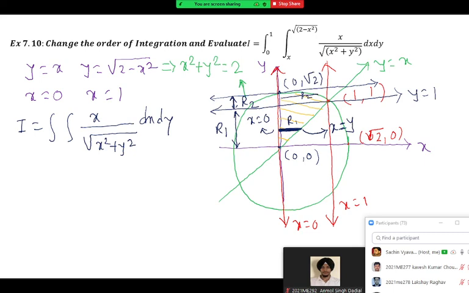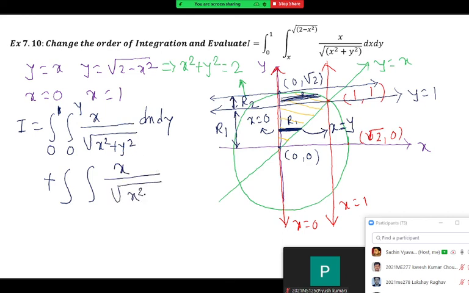So we have to take a strip there also. You will observe the limit of x goes from x equal to 0 to x equal to y, and the limit of y goes from 0 to 1 for this region 1, plus the remaining part remains as it is.